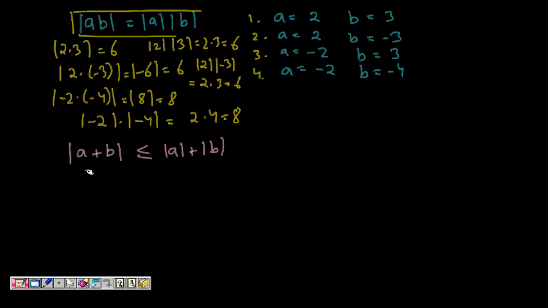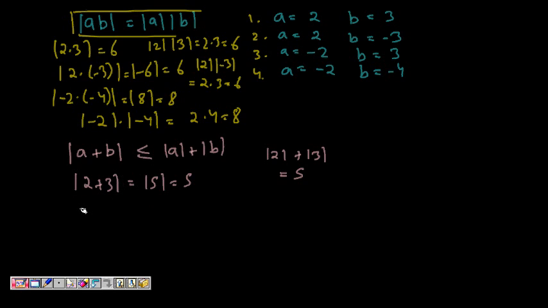If both are positive, say a is 2 and b is 3, then mod of 2 plus 3 is mod of 5, which is 5, and mod of 2 plus mod of 3 is also 5. So equality is holding. But let's see the other cases.